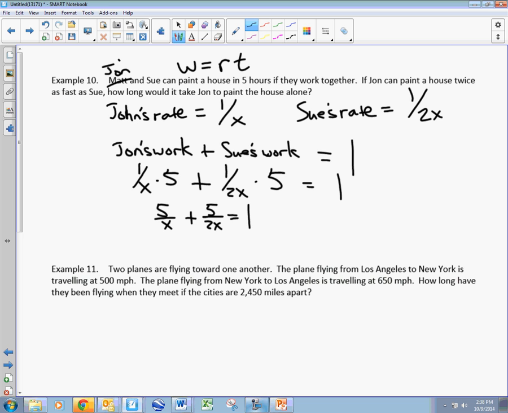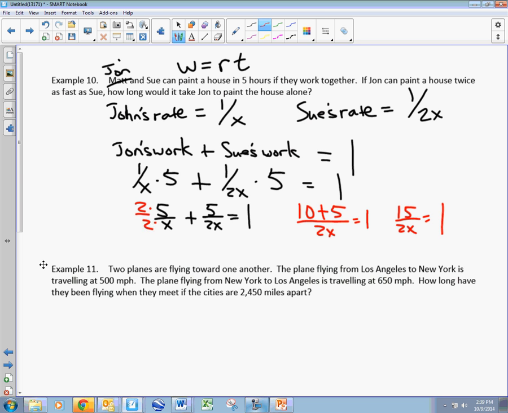How do I solve this kind of equation? Common denominators. What's the common denominator? 2x, multiplied top and bottom by 2. And we get 10 plus 5 over 2x is equal to 1, or 15 over 2x is equal to 1. x is in the denominator.